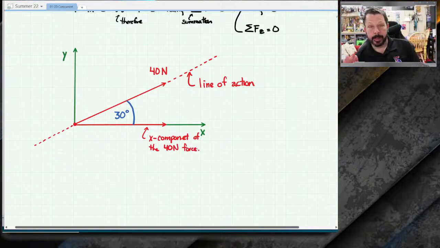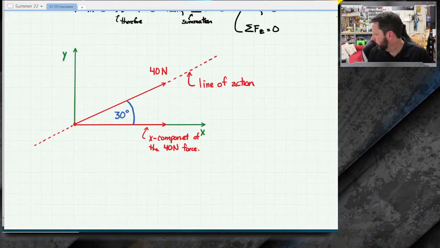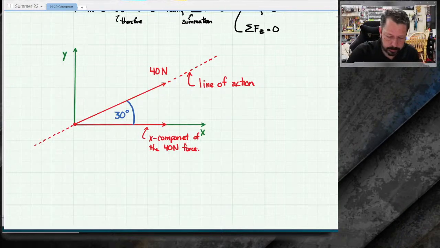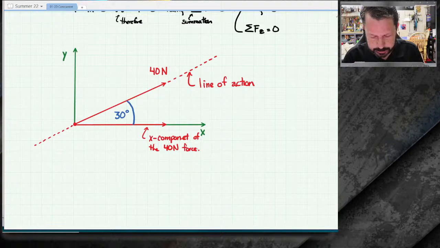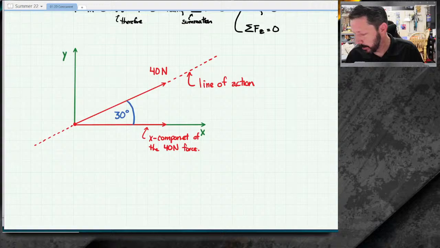So if you're careful in drawing these things, like if that really is 30 degrees, I guess I could find a protractor. Let's see. This is actually 25 degrees, if I measure it with a protractor.